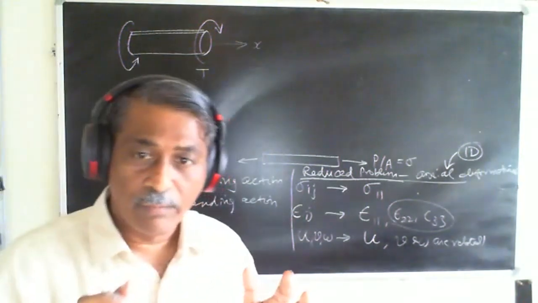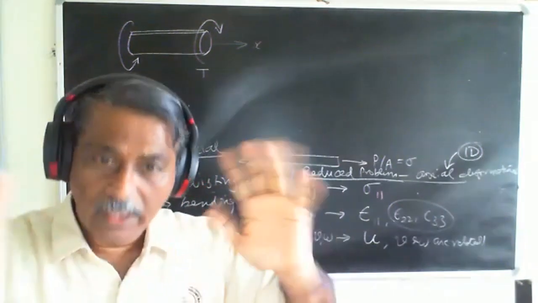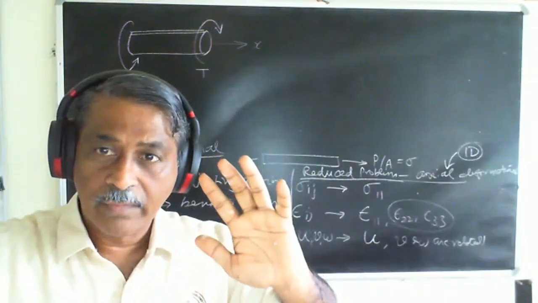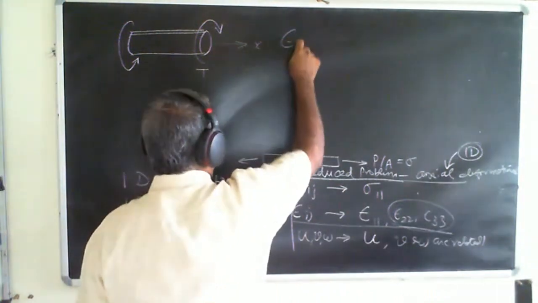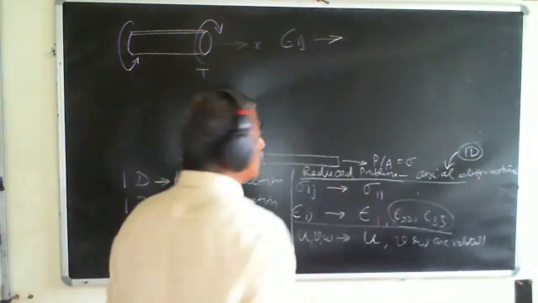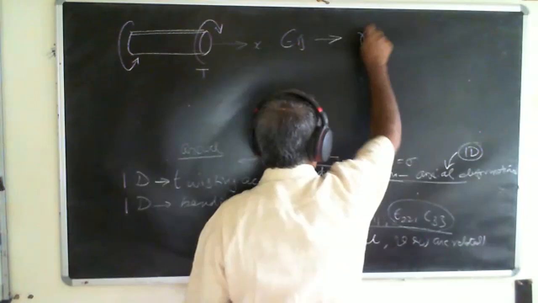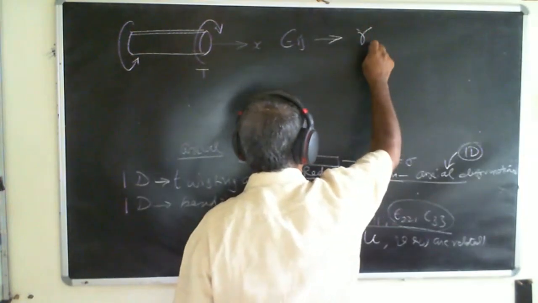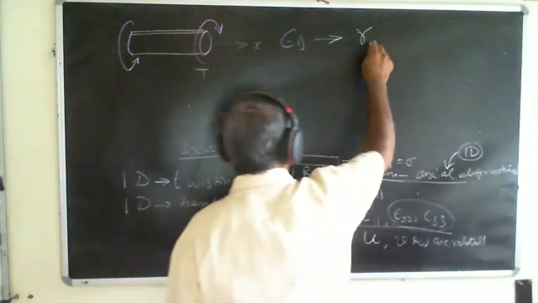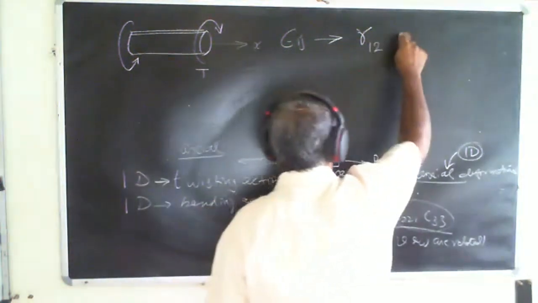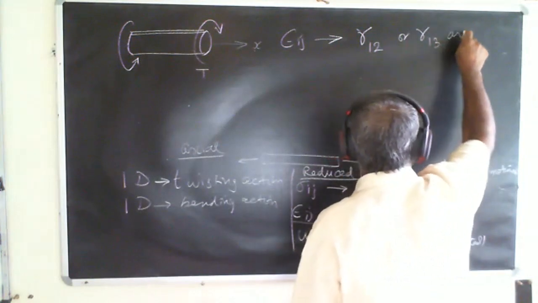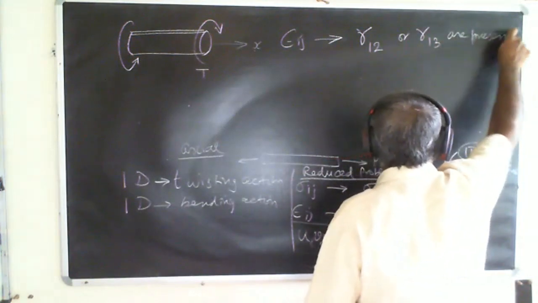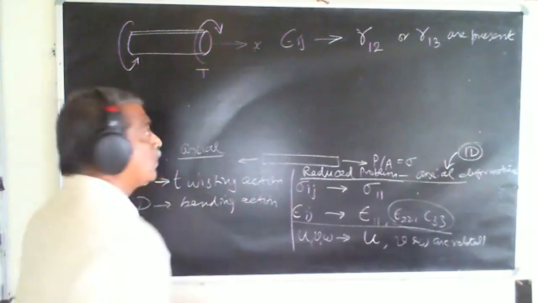And by looking at the twisting, we figured that there are some strains. We figured out that as far as epsilon ij is concerned, there was only gamma, so gamma 1, 2 or gamma 1, 3 are present. Okay, this is what we arrived at.